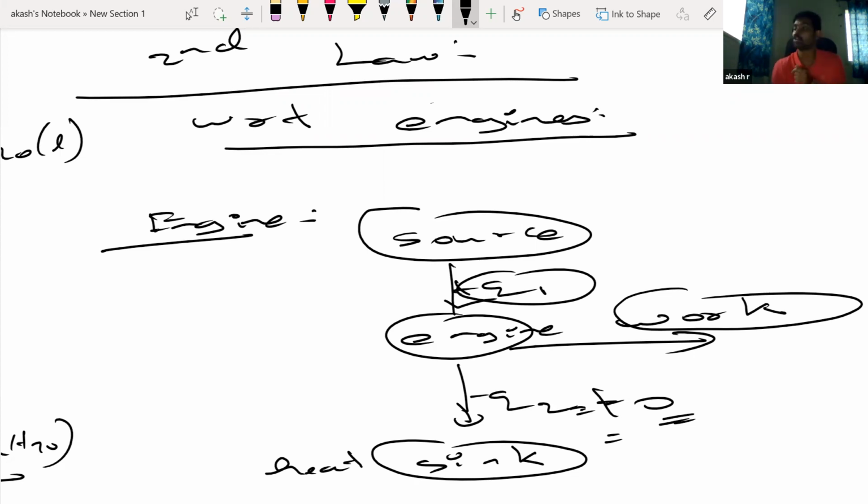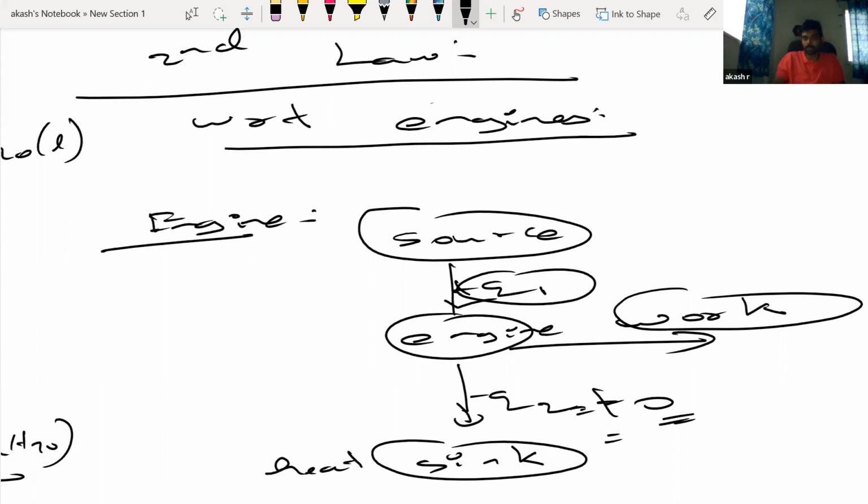There can be no engine which will be able to convert all the heat given to it into 100% work.